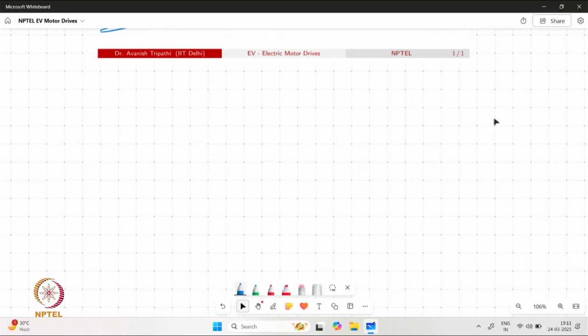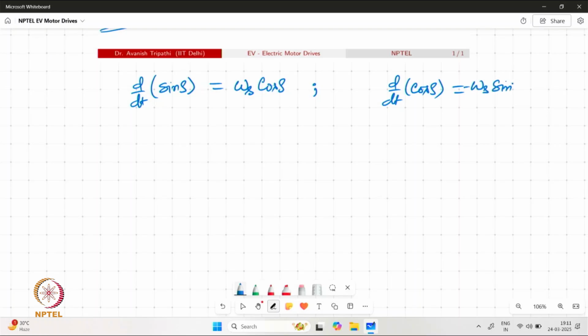So, taking the fact that the time derivative of sine rho is going to give us omega s times cos rho, and the time derivative of cos rho is going to give us negative of omega s times sine rho, we can arrange these two terms in a manner that we take cos rho times d/dt of sine rho, subtracting sine rho times d/dt of cos rho.